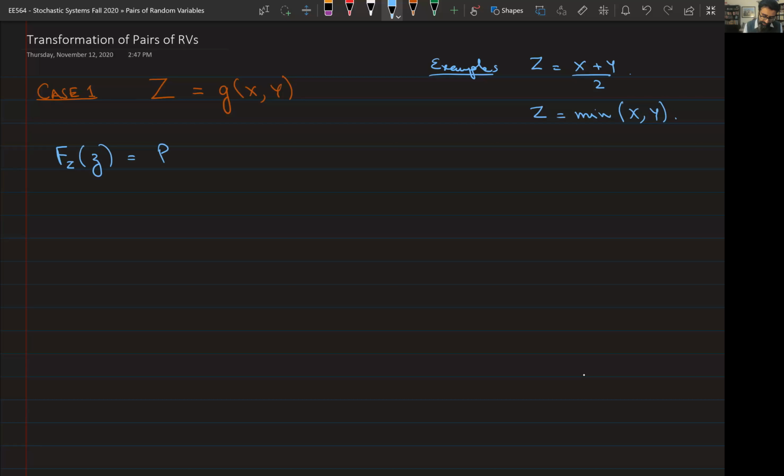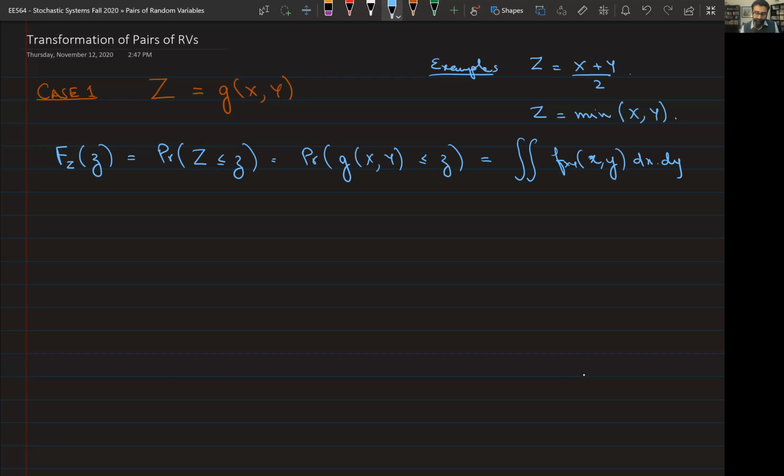This is just the probability that capital Z is less than or equal to small z, which is the probability that g of x, y is less than or equal to small z. And this can be determined by integrating the joint PDF of x and y with respect to dx and dy over what region? Over the region which satisfies that g of x, y is less than or equal to z, right?